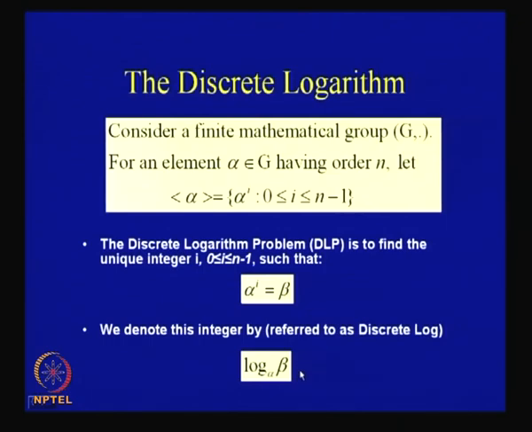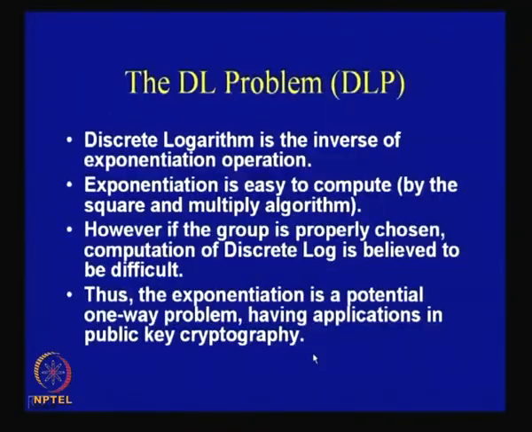We discussed in the last class some cryptanalytic methods of how to obtain this value in certain special cases. The discrete logarithm problem is essentially the inverse of the exponentiation operation, and it is believed that for proper choices of the parameters, computation of the discrete logarithm is a difficult mathematical problem.